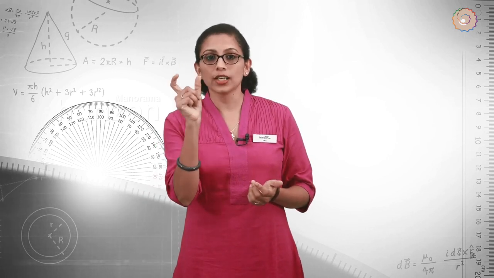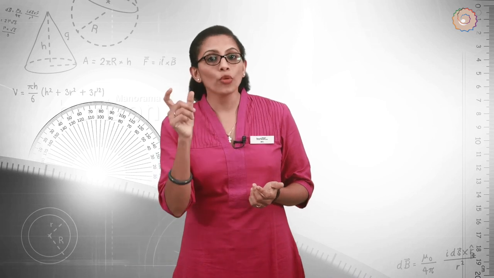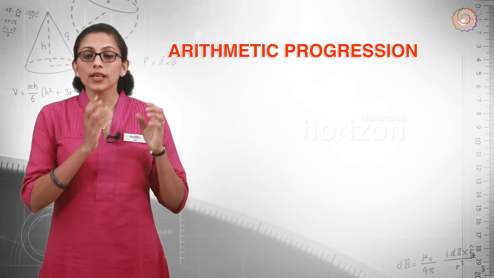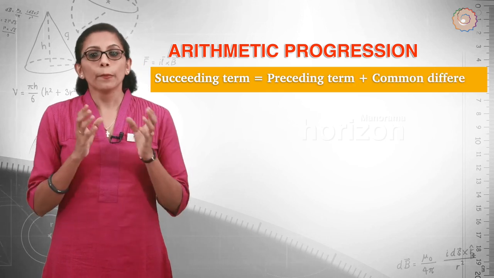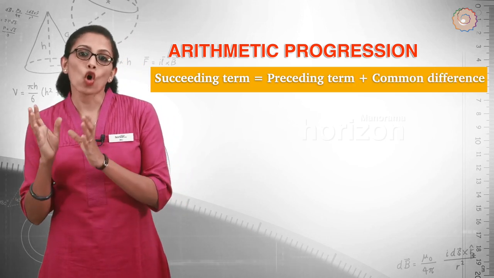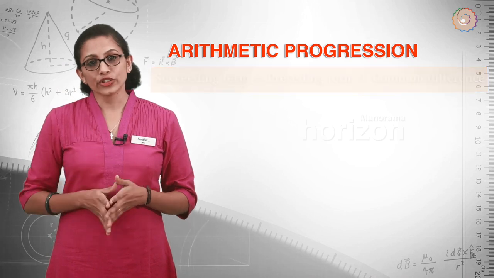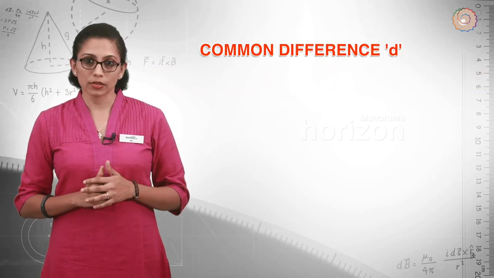And this fixed number is called the common difference of the AP. So, we can write: succeeding term is equal to preceding term plus common difference. We will discuss more in detail about this common difference.